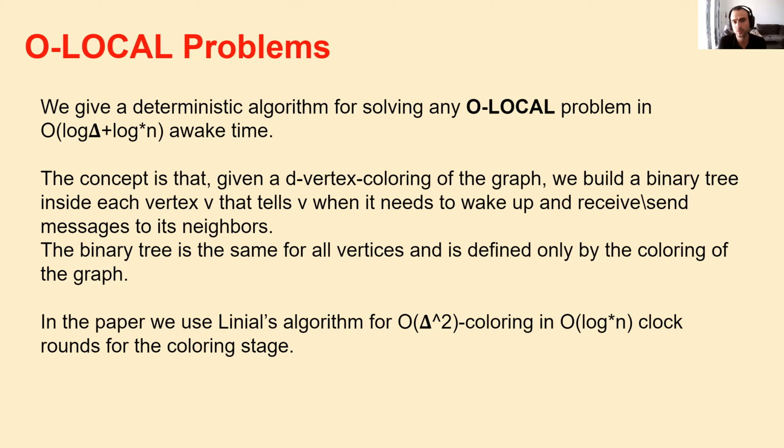We simply chose to use Linial's algorithm for O(Δ²) coloring in O(log* n) rounds for the coloring stage, but any coloring algorithm will really do, but it will set the additive term in the performance of the algorithm. Once we are given a coloring, our algorithm runs in O(log Δ) time.